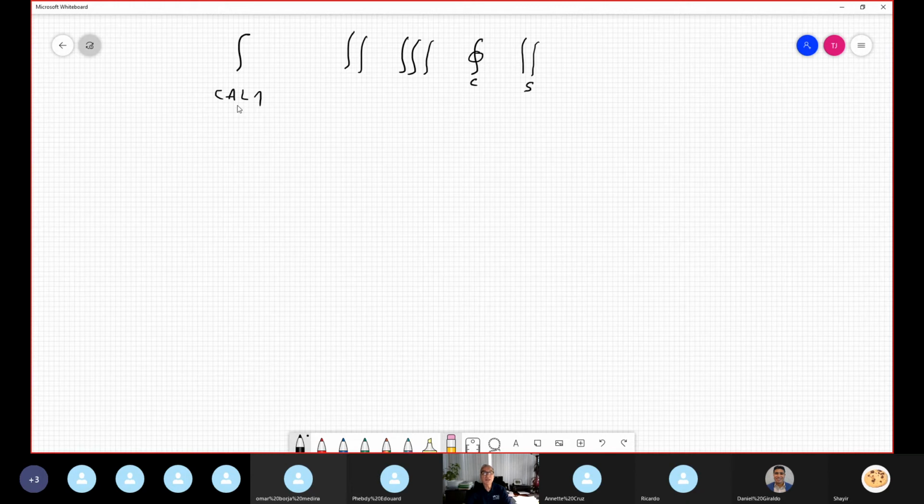Line integral is new in Cal 3, and surface integral. Of course, I will discuss in detail the interpretation of this new integral, and this is the last one.